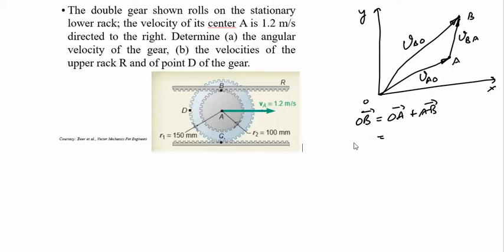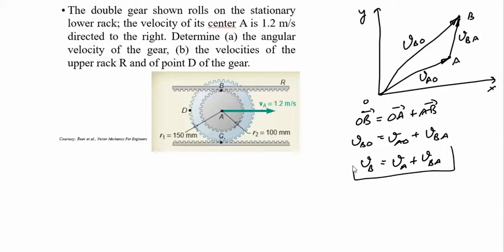We can also write like velocity of BO is equal to VOA plus velocity of BA. Sometimes generally we are not writing the origin, so we can also write like velocity of B is equal to velocity of A plus velocity of BA. In that way also we can write the velocity.